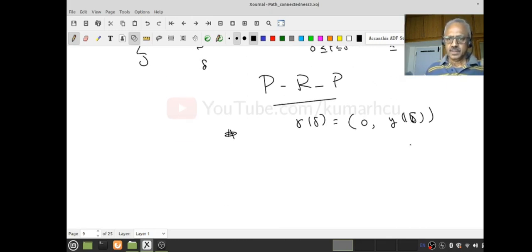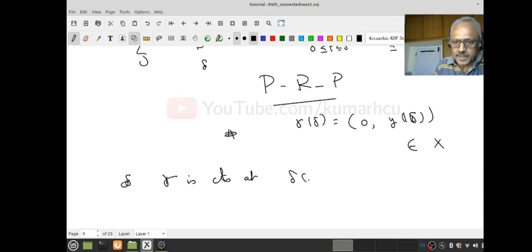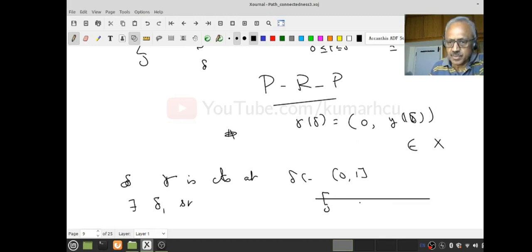Right. Now this belongs to your space X. That's granted. Now I can repeat the same process since γ is continuous at δ in [0, 1]. There exists some other δ₁. Let us again have a picture so that life will be easier.